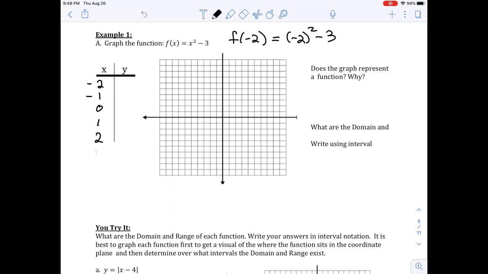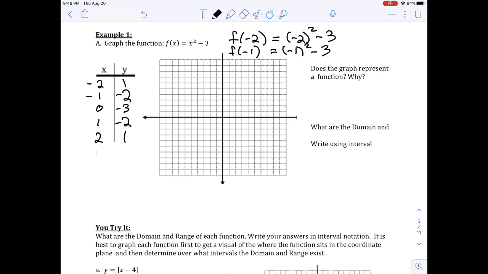Your calculator will help you, or you can just do mental math. So that's 4 minus 3, which is 1. If I do f of -1, that's going to be (-1) squared minus 3. 1 minus 3 is -2. If I plug in 0, I get -3. If I plug in 1, I get -2. And if I plug in 2, I get 1.